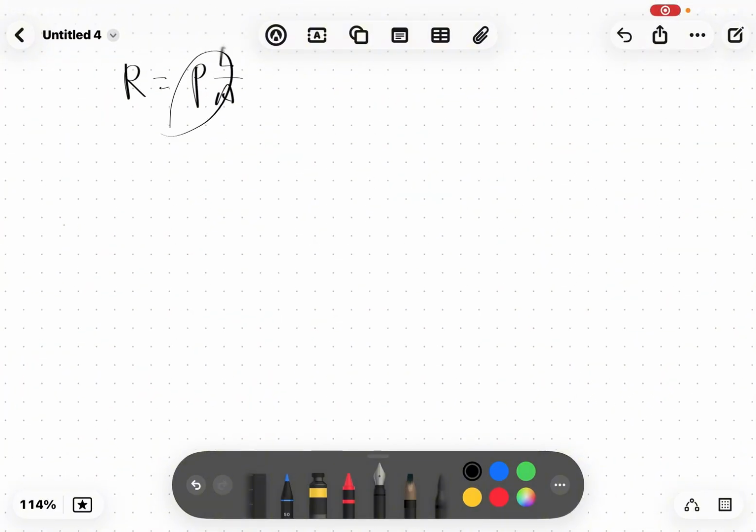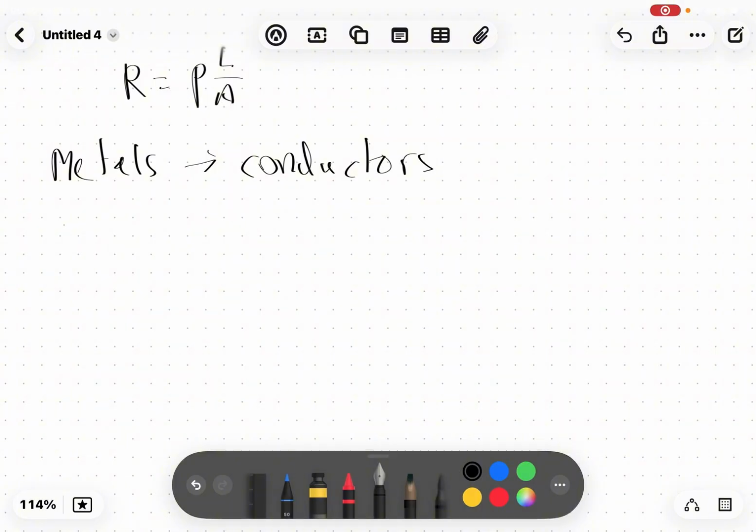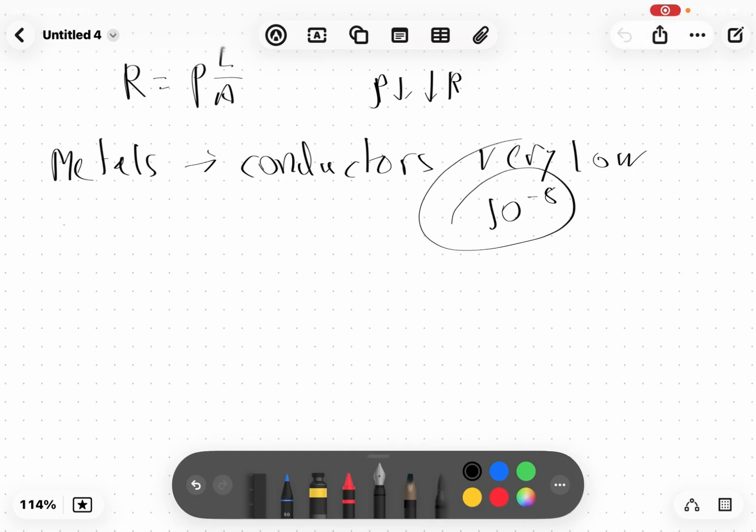Metals, for example, are conductors. Conductors are the ones that we use for electricity, for wires, because the resistivity is very low. If the resistivity is very low, the resistance is low, because it's 10 to the power of minus 8, which is a low number.